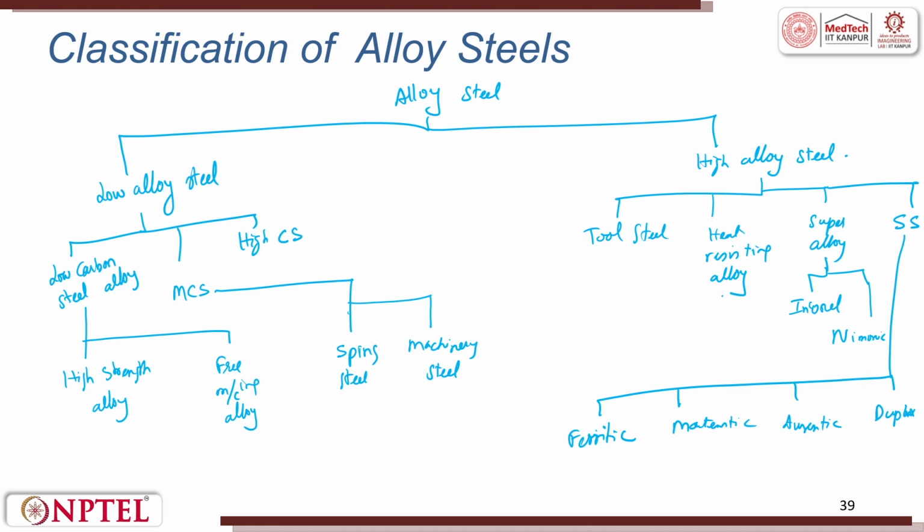When you look at tool steel, again there are three classifications. One is water hardened steel, then ordinary steel, then shock resistant steel. These are the classifications of alloyed steel.